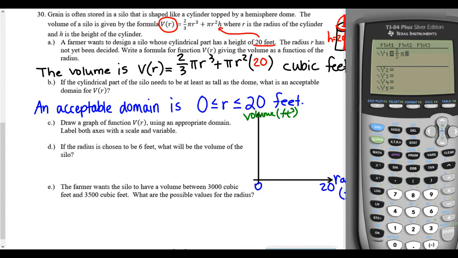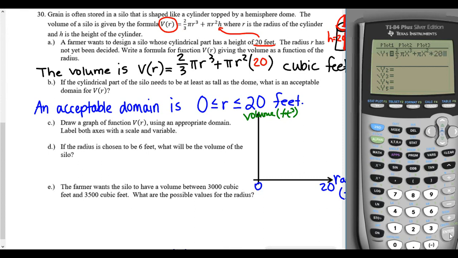Okay, and it was right here with the caret button. So I have 2/3 pi, and I'm going to use x to the 3rd power, move out of my exponent, plus 2nd pi, r squared, so x squared, and then that was times 20. I could have put the 20 in the front or not, it doesn't really matter.